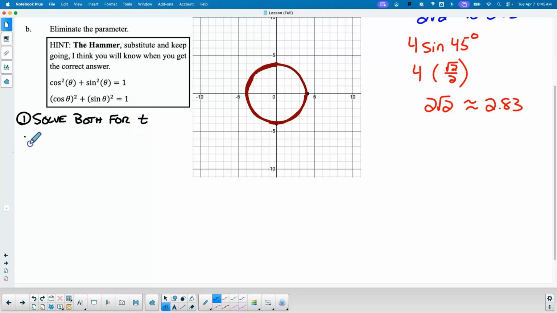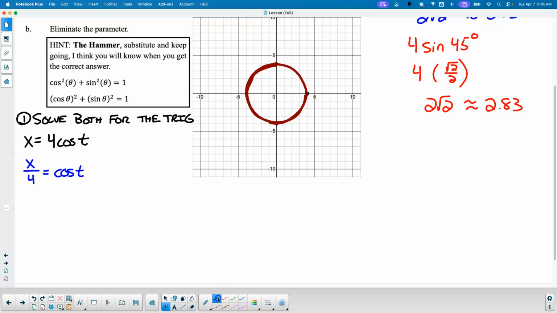If I have x equals 4 cosine of t, excuse me, we don't solve for t, we solve for the trig. So x divided by 4 is cosine of t.